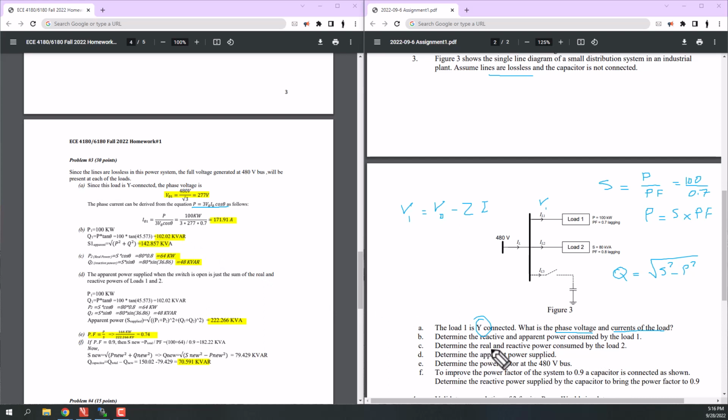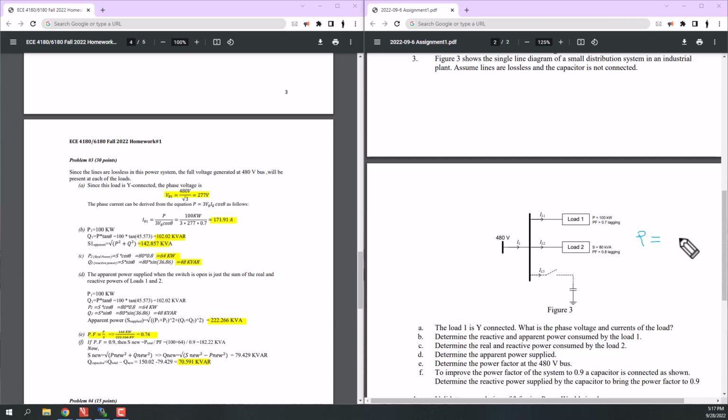For the next part, part C asks for the real and reactive power consumed by load 2. Again, we have some of the parameters and we are asked for the rest. In the previous case, it was active power and power factor. In this case, it is apparent power and power factor.